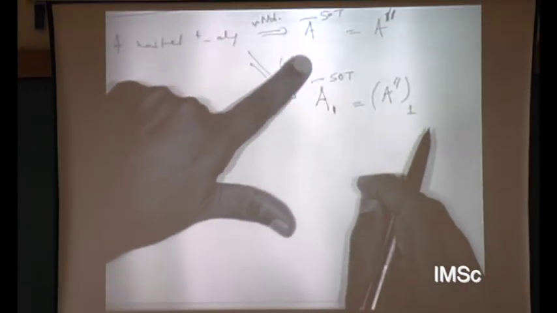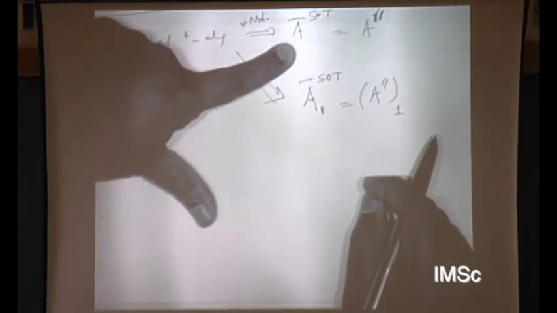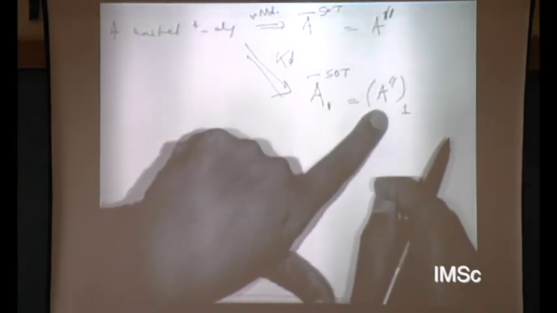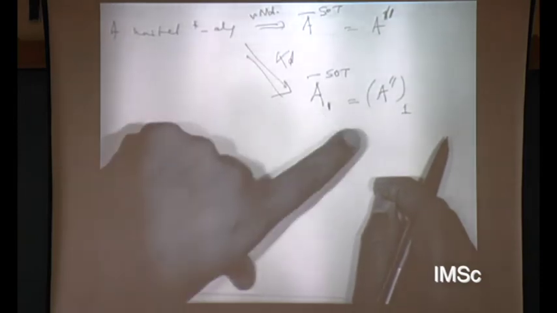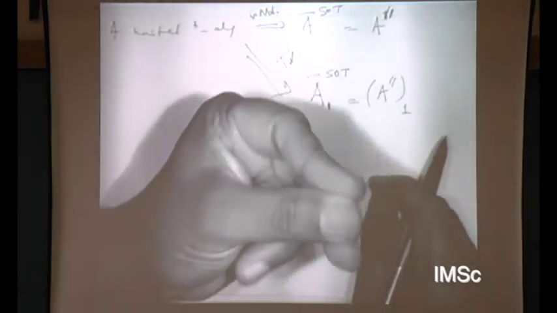Von Neumann already told you that you can approximate it by things in A. But if this fellow has norm less than or equal to 1, you can find a net which converges, where everything in the net is norm bounded by 1.